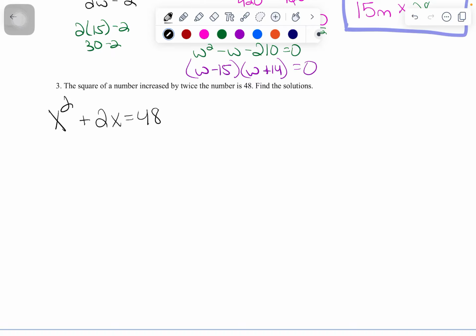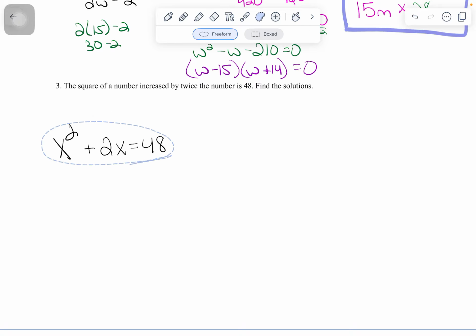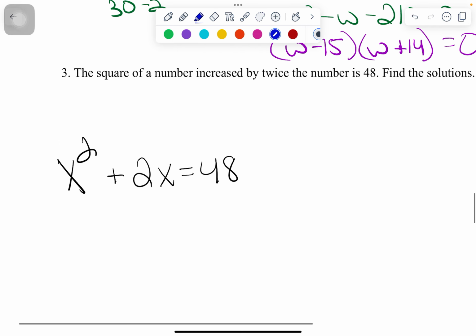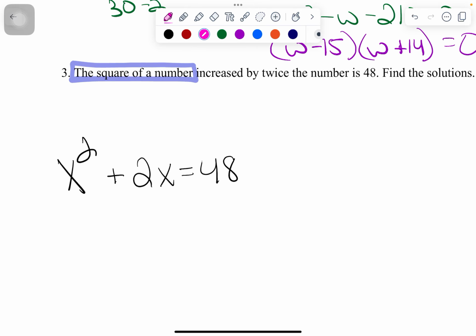All right, so I just took this apart in pieces, and I'm going to slide this down. I'm going to take apart the pieces again. The square of a number. So this is where I came up with the x squared. Then I have increased by, so that's going to be the addition. Then I've got twice the number.